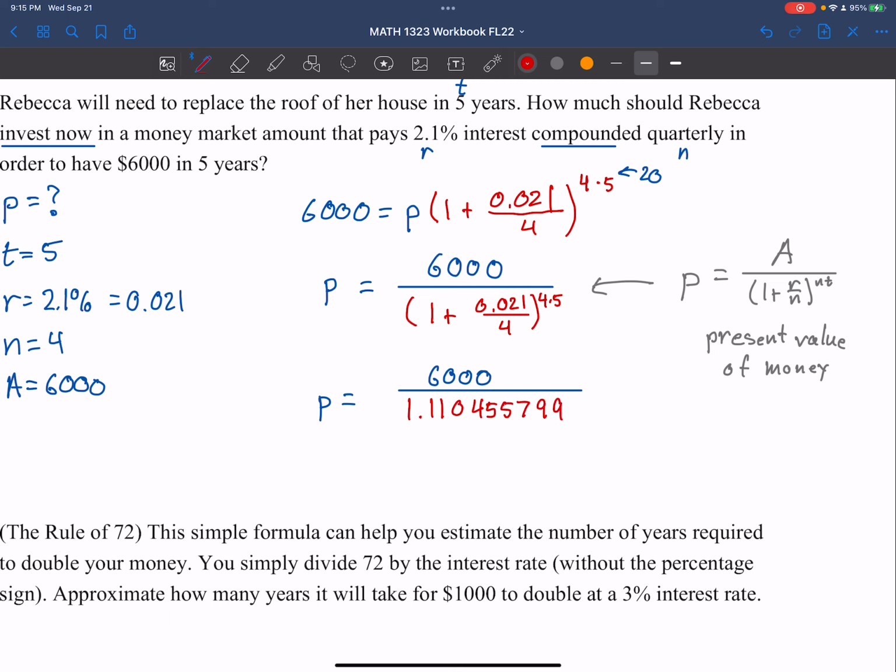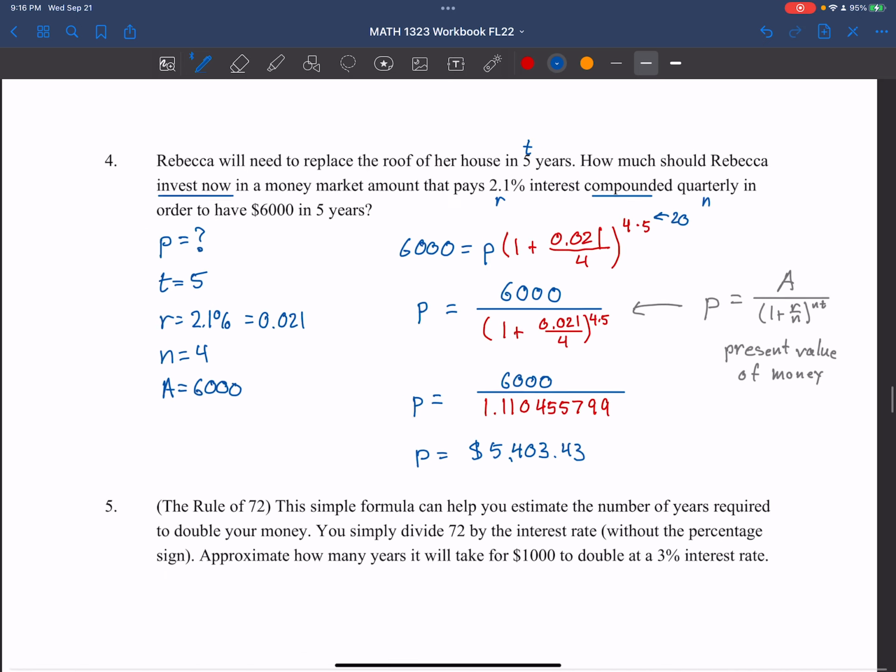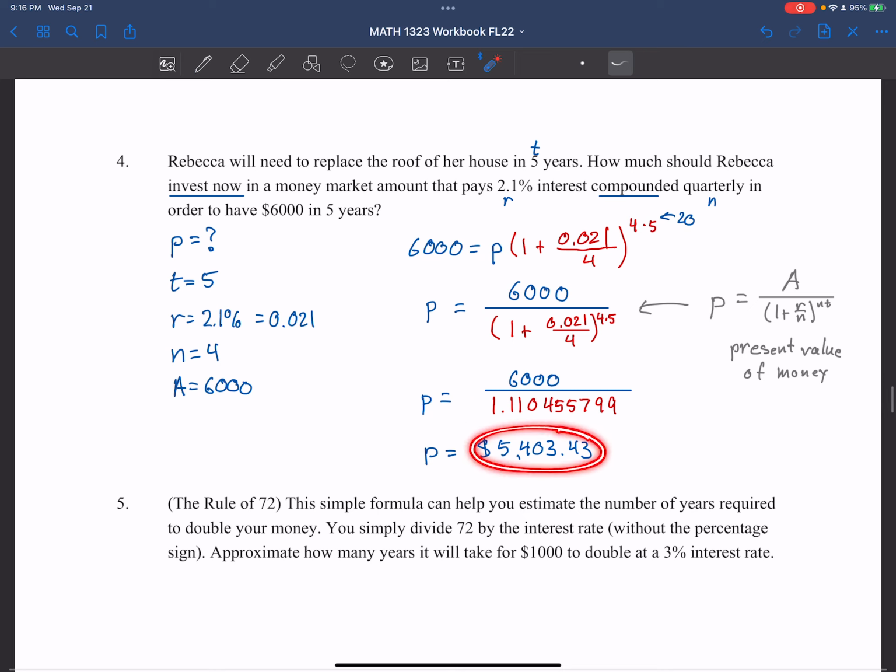Wrote that down, and it gave me a pretty accurate value. The principal here is $5,403.43. So if Rebecca invested this now into this account with these values, then in 5 years she'll have the $6,000 she needs for the roof. So hey, an extra $600, not bad.